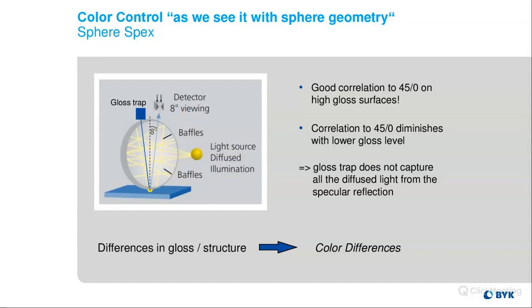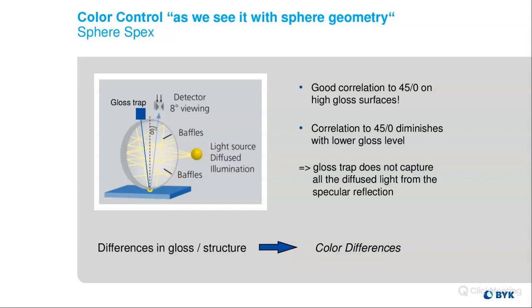Once again, just like the spin, it's being cast in from the side and reflecting throughout the entire circle to give you a diffused light on the actual sample. And then that gloss is being reflected back up into the gloss trap to give you a little bit of a gloss angle for that. And that's how it'll correlate to the 45-0.